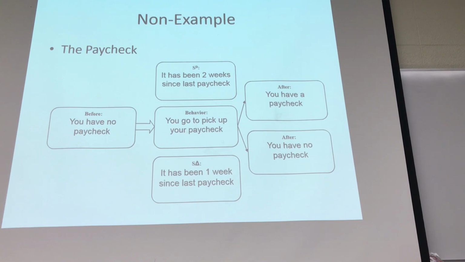But a fixed interval schedule is where the first response after the end of the interval is reinforced. Do I need to make a response to get that paycheck? Nope. It just appears. So even though it looks like an FI schedule, it's not. Because I don't have to make a response after the end of the interval.